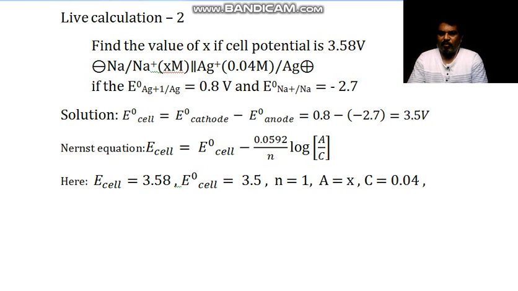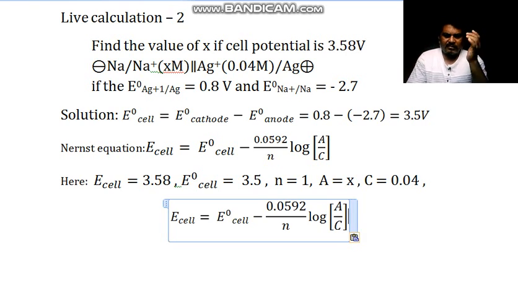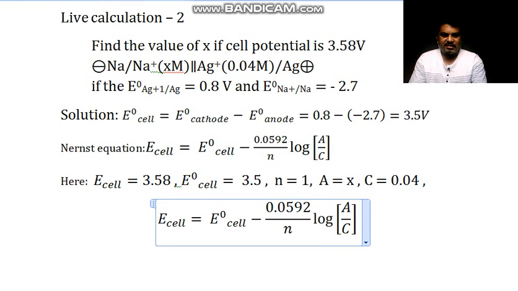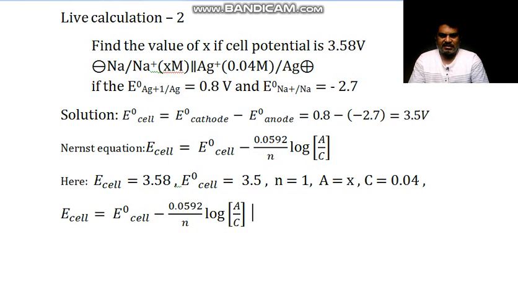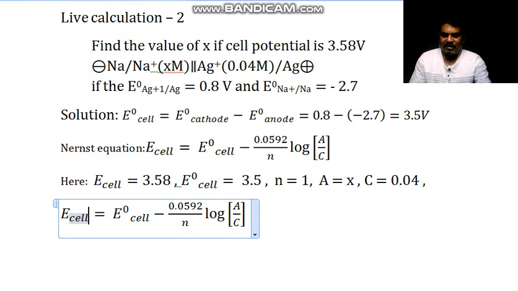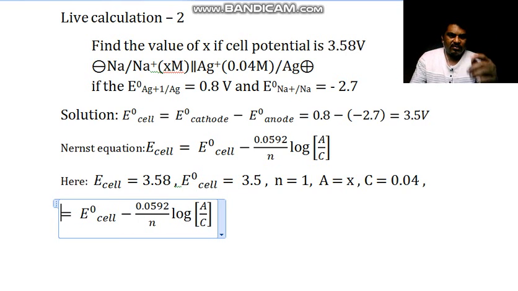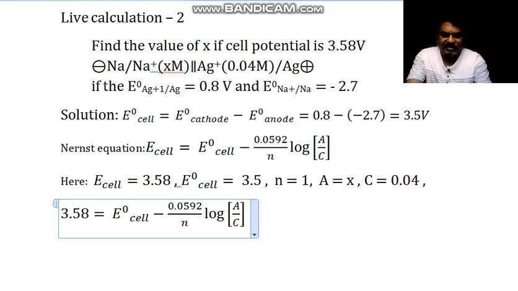Now we will put our values again in the Nernst equation. Okay, so the Nernst equation is this. Now one by one we will put the values. E cell is given here as 3.58, that you are seeing there.